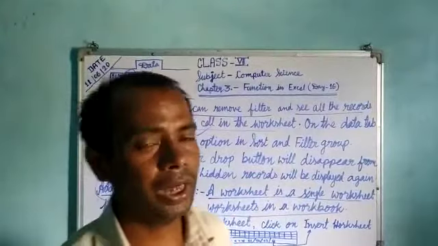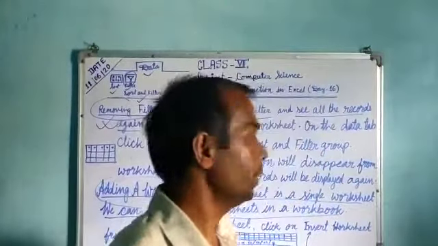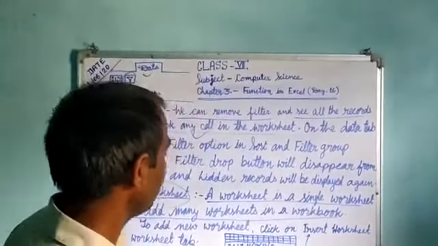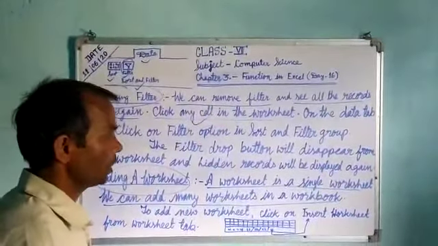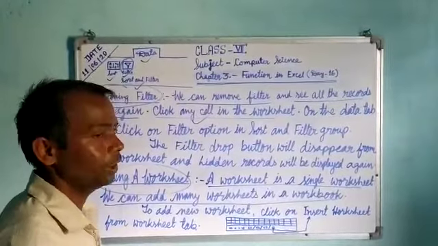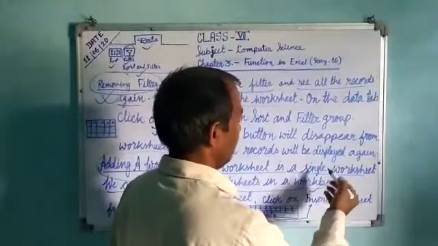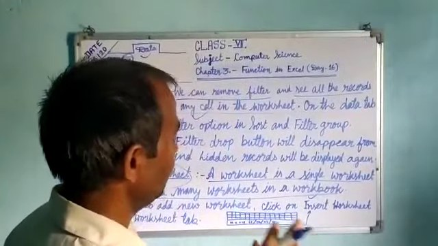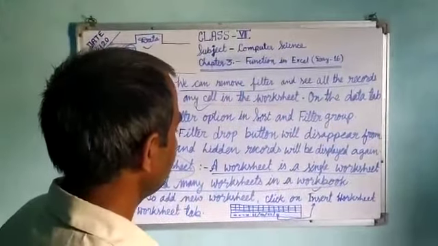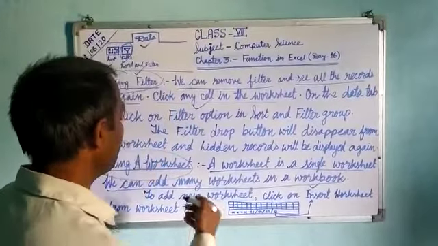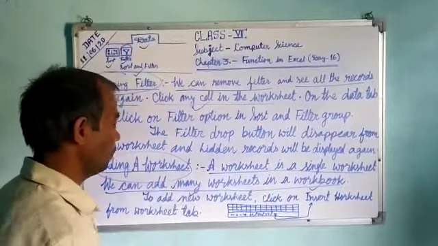Actually we have a book, and in the book we have so many pages. Each page is a worksheet, and whenever we combine all those pages, we call it a workbook. We are working in a single page, which is a single worksheet, and we can add so many worksheets in a workbook.